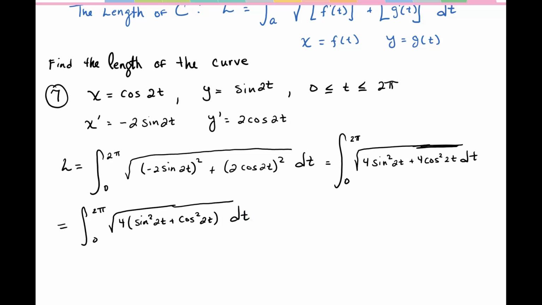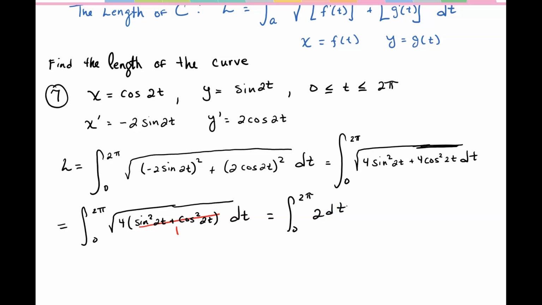But I see a Pythagorean identity, sine squared of 2t plus cosine squared of 2t. It really doesn't matter that the 2t is there because it's still 1. And this is going to leave me with an integral from 0 to 2 pi. We're left with the square root of 4, a constant, which is just 2, dt.